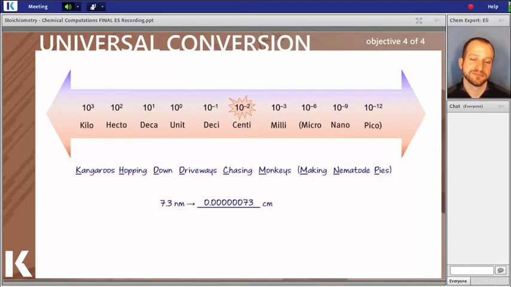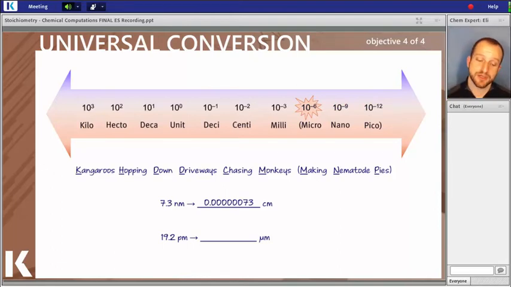Let's do one more. In this one, I'm going from picometer to micrometer. Here's pico, way down there at 10 to the negative 12, to micro, 10 to the negative 6. And we went to a bigger unit, and the unit is bigger by 10 to the 6.